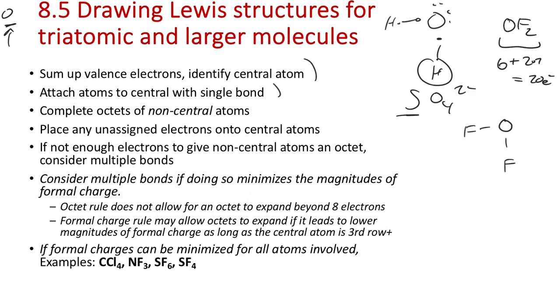I'm not going to worry about geometry, or why I'd draw 90 versus 180 degrees. We're going to talk about geometries in the next chapter. But just look at the rule: it says complete the octets of the non-central atoms first. That would be the fluorines.